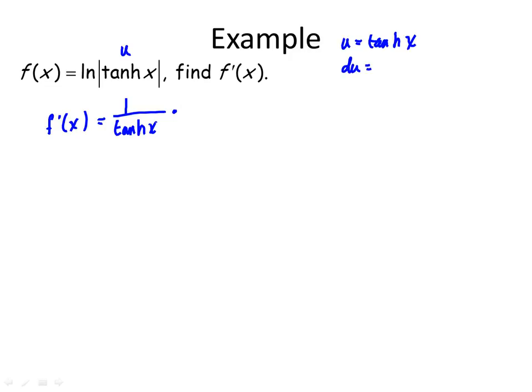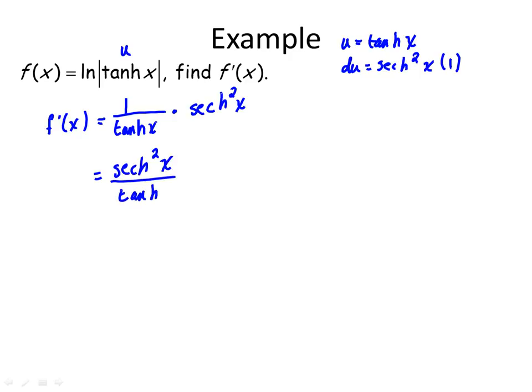The derivative of the hyperbolic tangent x is hyperbolic secant squared x, and then the derivative of x is just 1. So when you do this, you're going to have hyperbolic secant squared x over hyperbolic tangent x.